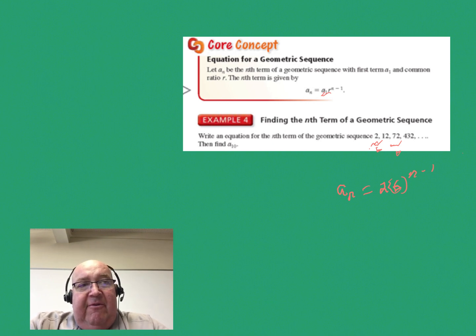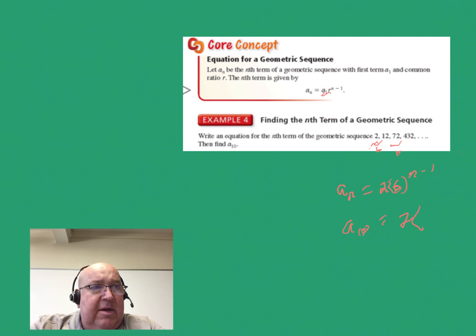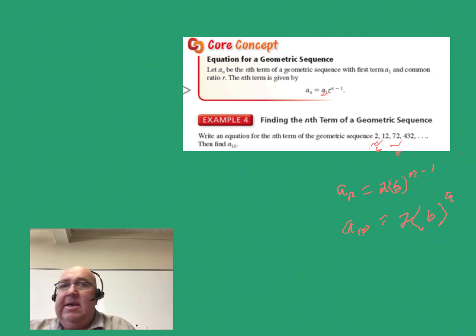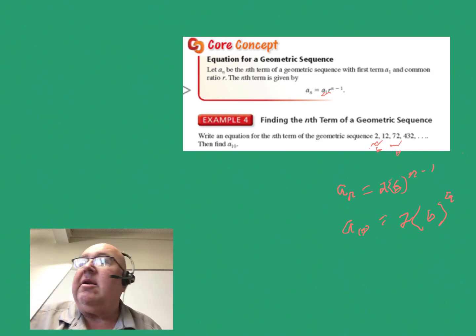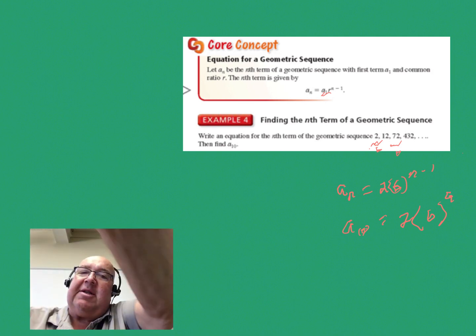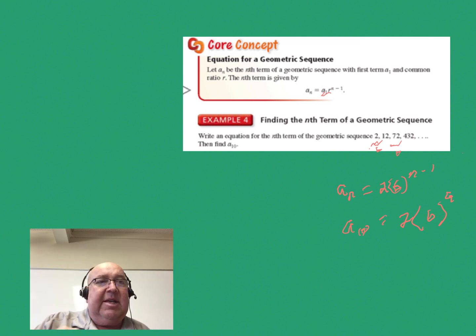So now we want to find what this equals. Find the 10th term. So we want to find a10. So that's going to be 2 times 6 to the 9th power. Let me find my calculator really quickly and get this figured out.